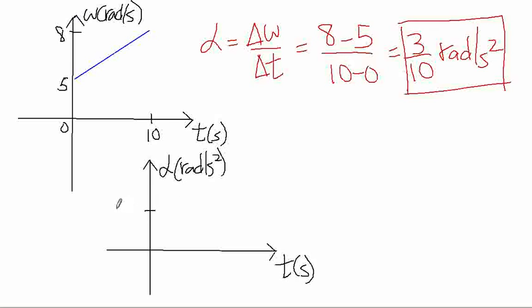So alpha was 0.3 and it was constant for 10 seconds. So for this motion, it would be a horizontal line segment. Okay, so there would be a graph that corresponds to that same motion.